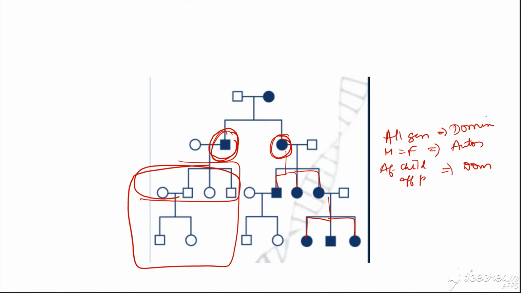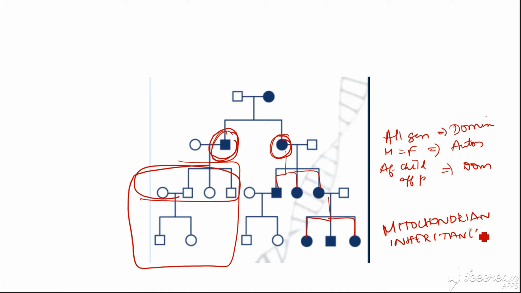So if you have a disease being transmitted only by the females, it's a type of mitochondrial inheritance. So they follow a non-Mendelian type of inheritance which is called mitochondrial inheritance.